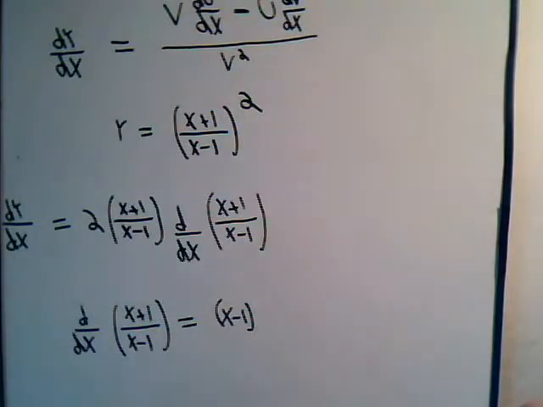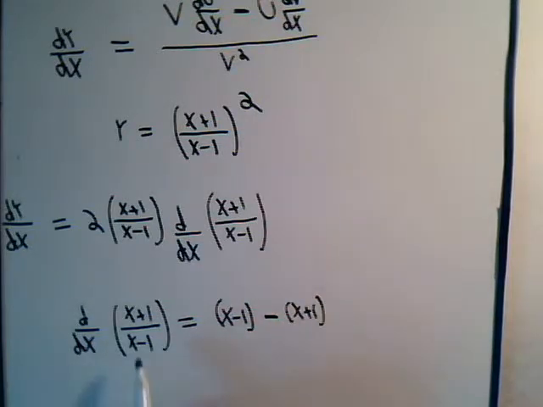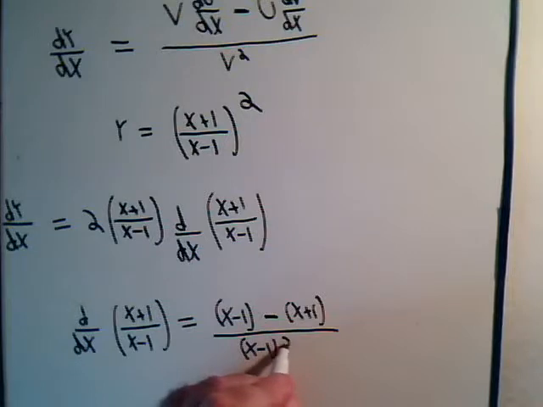So we don't even bother to write that down, minus this function here times the derivative of this one, and that's just 1, so don't bother to write it down, divided by x minus 1 squared.